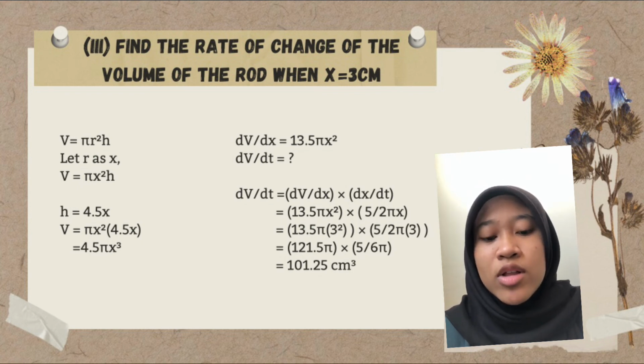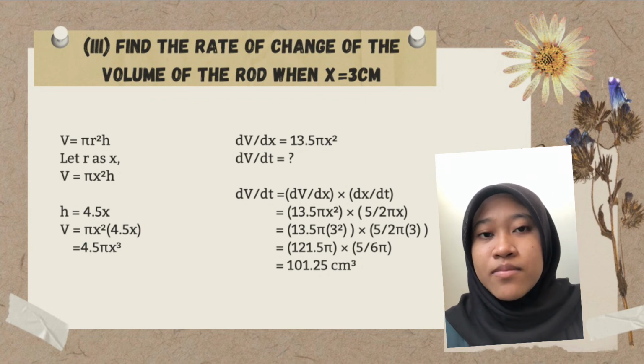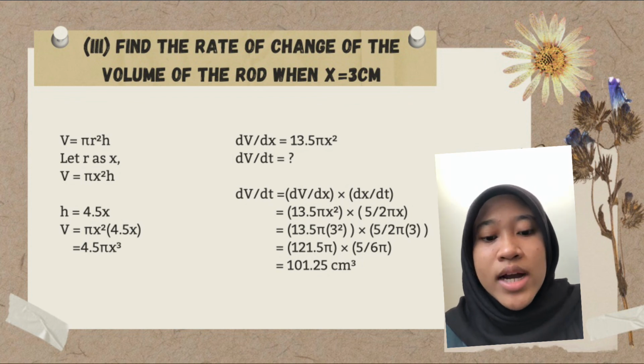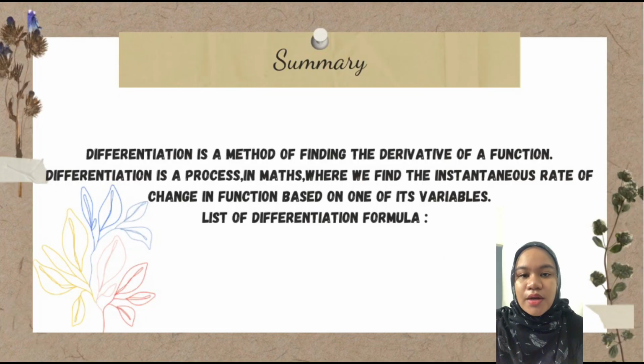So it will become 121.5 pi times 5 over 6 pi. When we put it in the calculator and solve it, it will become 101.25 cm³.